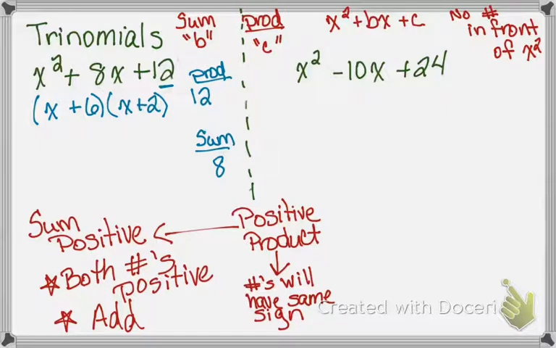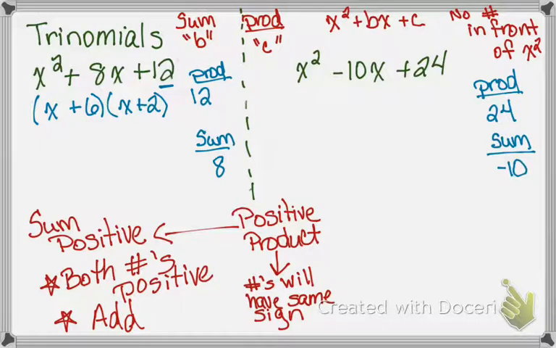Now, the next one that we're about to do, what's my product on x squared minus 10x plus 24? What is it? Good. Positive 24. And what's my sum? Negative 10.